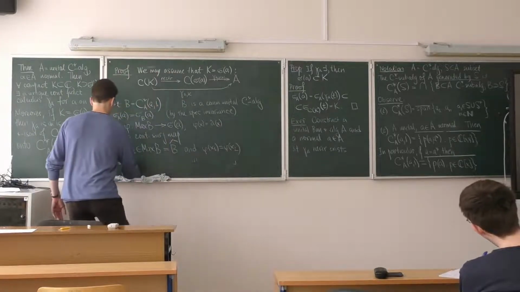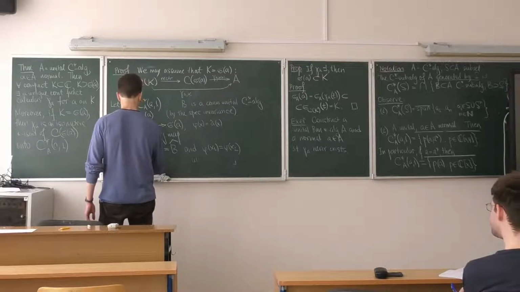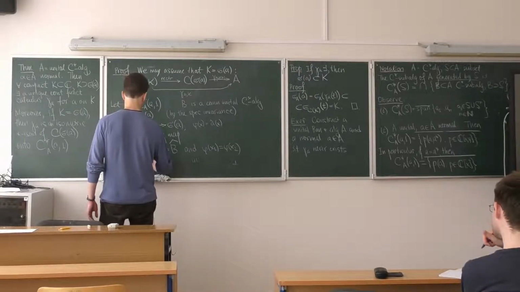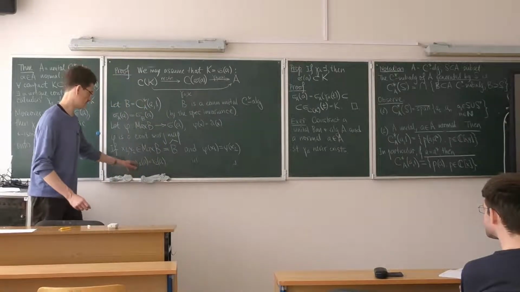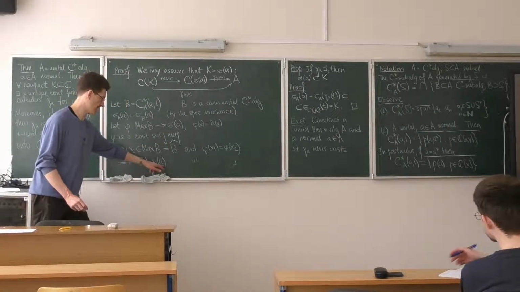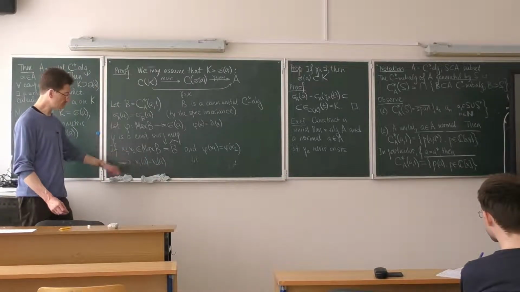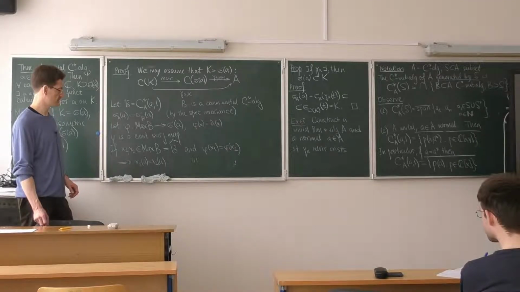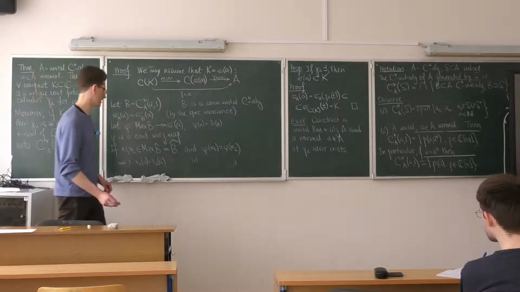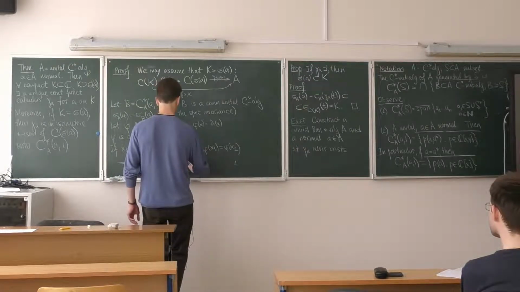So this means that x1 applied to a equals x2 of a. This is just a hat of x1 and this is a hat of x2. So they are the same, but let's now recall that each character on a C-star algebra is a star character. So they are the same on a star as well.